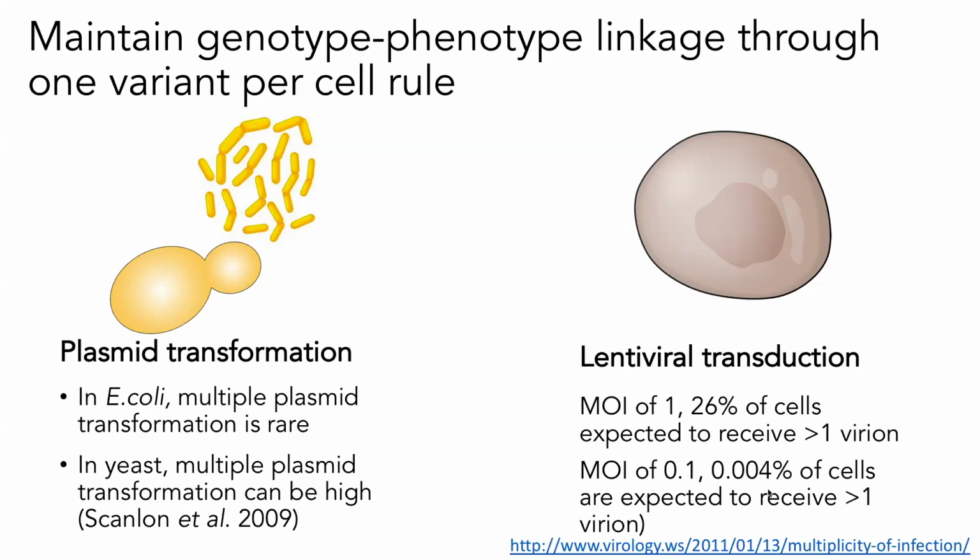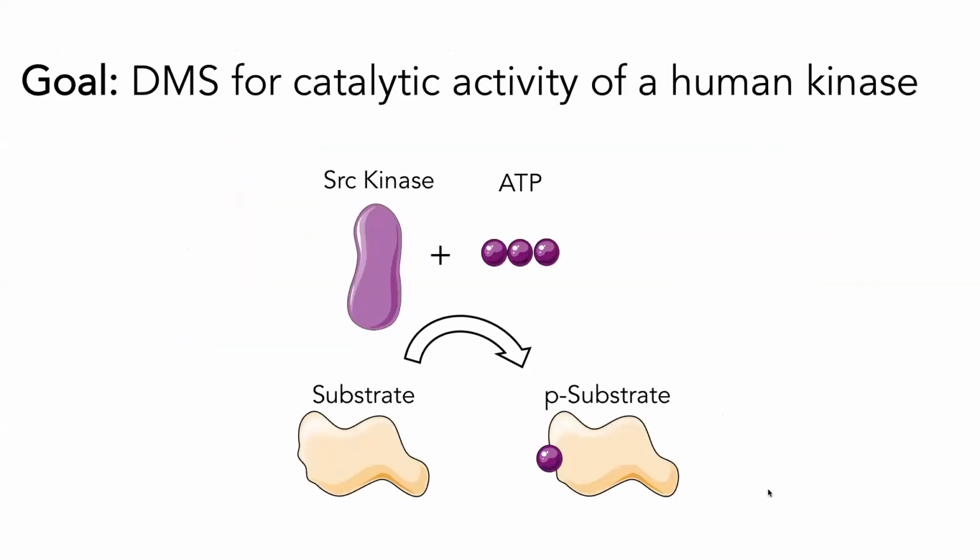And as just an example for some real numbers, at an MOI of 1, so 1 virus per cell in your infection, about 26% or a quarter of cells are expected to receive more than 1 variant. Whereas if you do a much lower MOI of 0.1, that number of cells quickly becomes quite negligible. So again, these are parameters you have to optimize on your own.